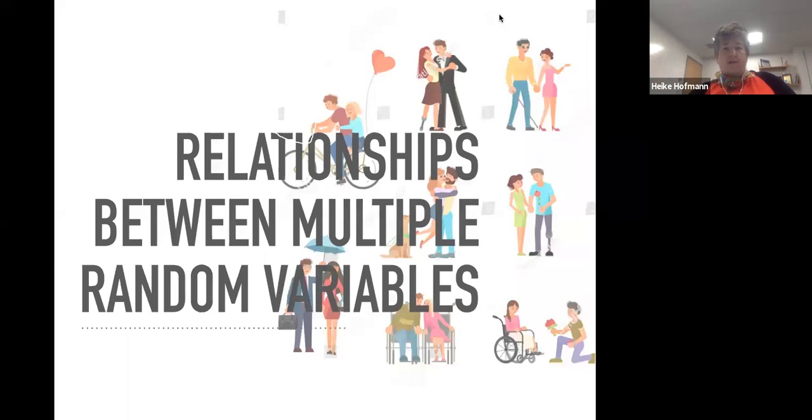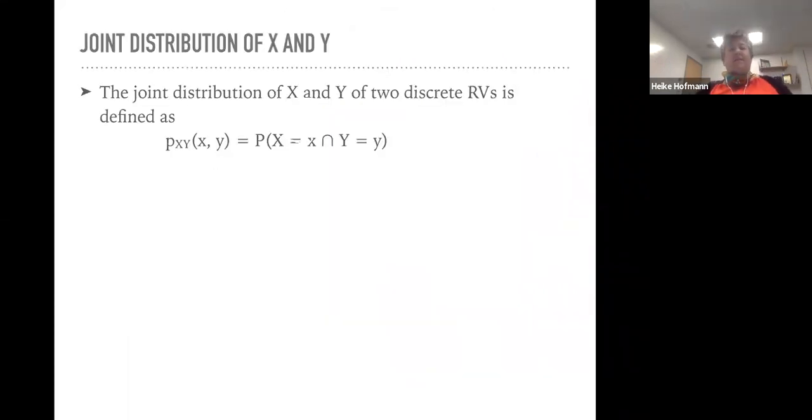So if not, we'll have a look at relationships between random variables, that is. Let's have a look at what we can say when we've got two random variables. What we're interested in here is we've got random variables, and now we're defining a joint distribution.